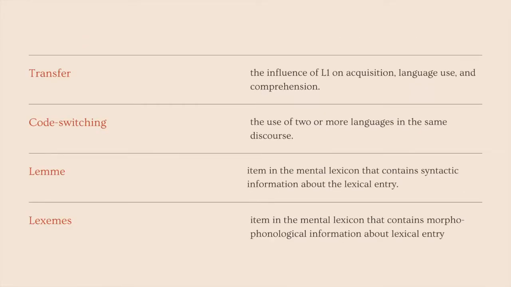Some essential concepts to understand how formulaicity affects fluency and accuracy in relation to Kormos' model are transfer, the influence of mother tongue on acquisition, language use, and comprehension; code switching, the use of two or more languages in the same discourse; and lemmas and lexemes, which are items in the mental lexicon that contain syntactic and morphophonological information, respectively.